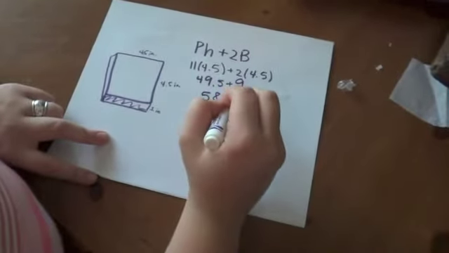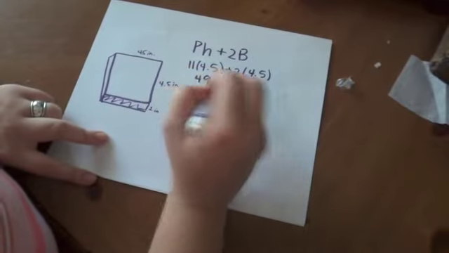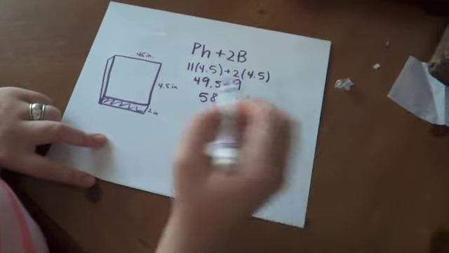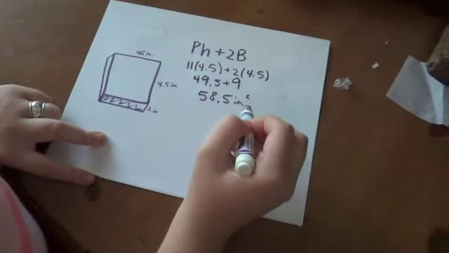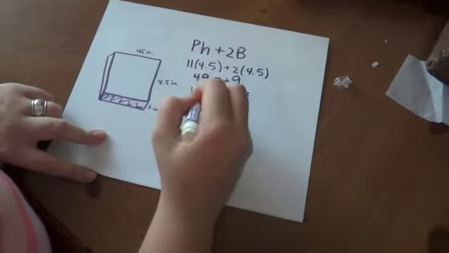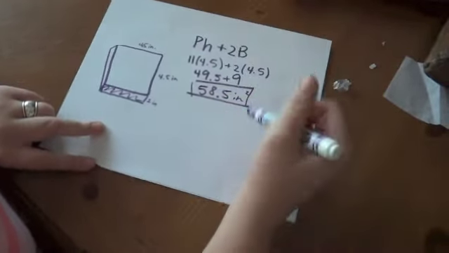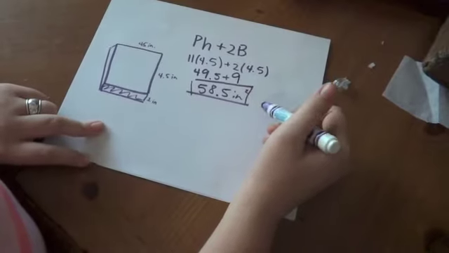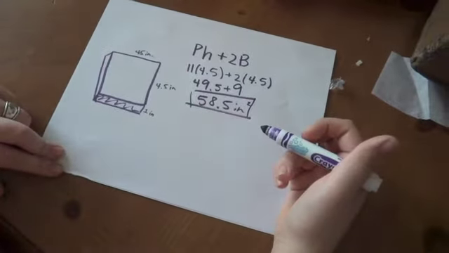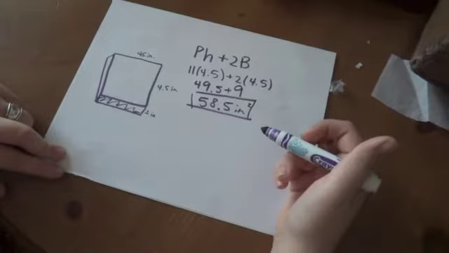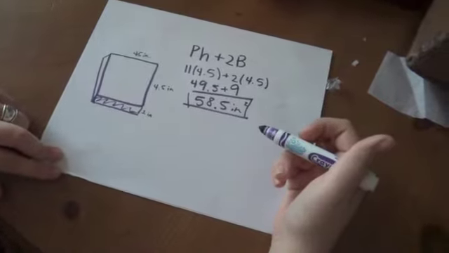And to solve this, we have 49.5 plus 9, which equals 58.5 inches squared. And that is the total surface area of this box. Now we need to make a net that will cover the entire box without overlapping any different parts.